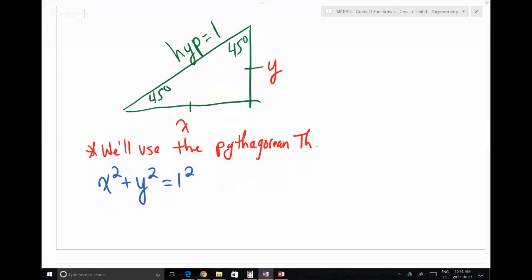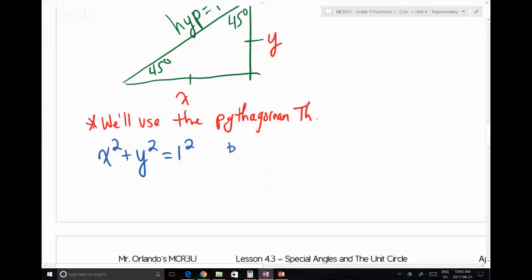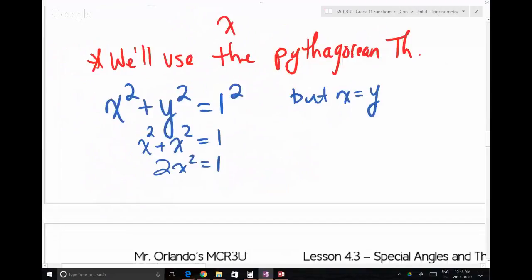Well, we also know that x and y are equal to each other in this case, because 45 and 45. So this would be x squared plus x squared equals 1 squared, which would give us that 2x squared equals 1. And then if I wanted to solve this for x, I'd divide both sides by 2.